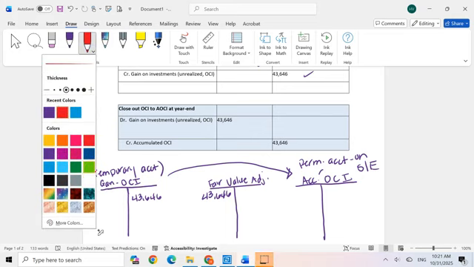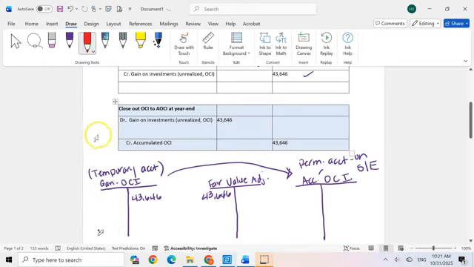So on year end, we're going to book this closeout entry, and I've highlighted it in blue, and we're going to debit our OCI account 43,646, and we're going to credit our accumulated other comprehensive income, and that's going to be on the shareholders' equity section of the balance sheet.